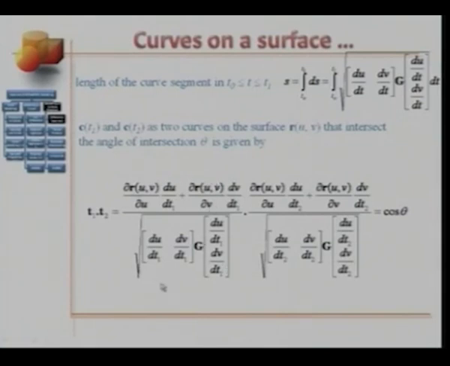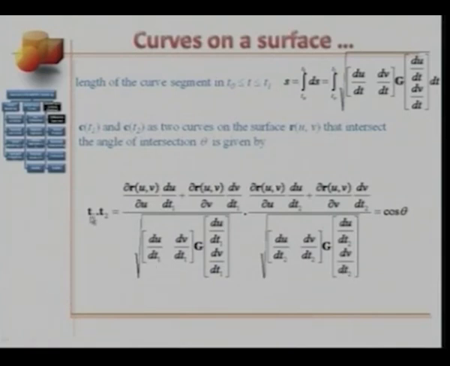So here parameters u and v are assumed to be functions of parameter t1 respectively. Likewise, the second tangent T2 is given by r sub u times du over dt2 plus r sub v times dv over dt2, over the square root of the row du over dt2, dv over dt2 times G, and in this column we have du over dt2, dv over dt2.